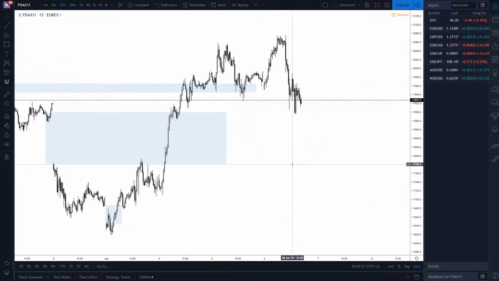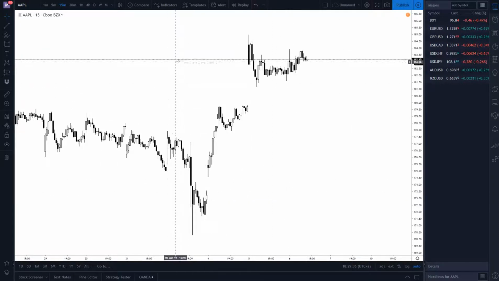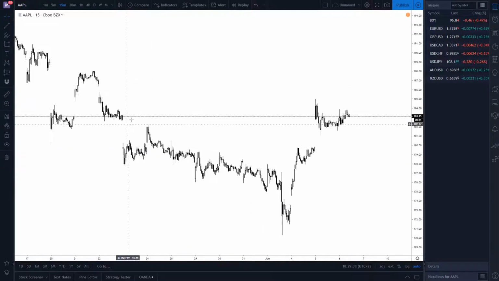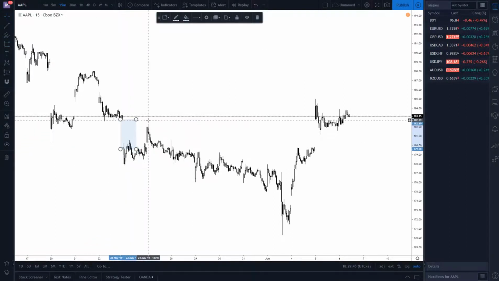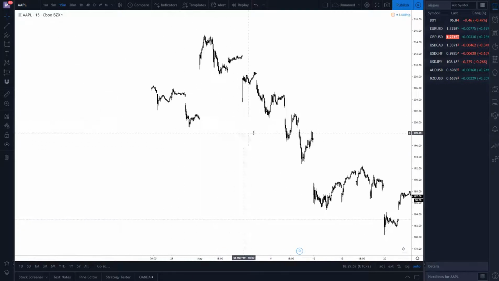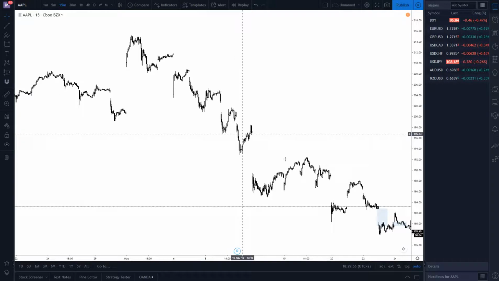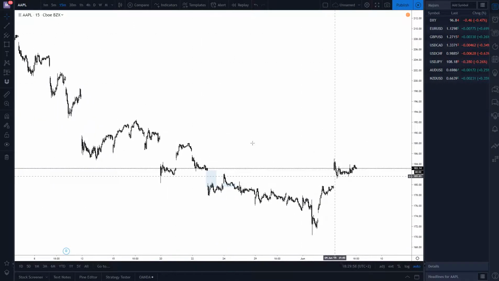If you are into trading futures, or trading stocks as well, stocks are the second market which is more likely to fill gaps, so you will find more use for this in markets like these. For example, we gap down, we fill the gap, we have the next small gap here, and there are a lot of gaps, for example on Apple, because we are in a strong downtrend right now.